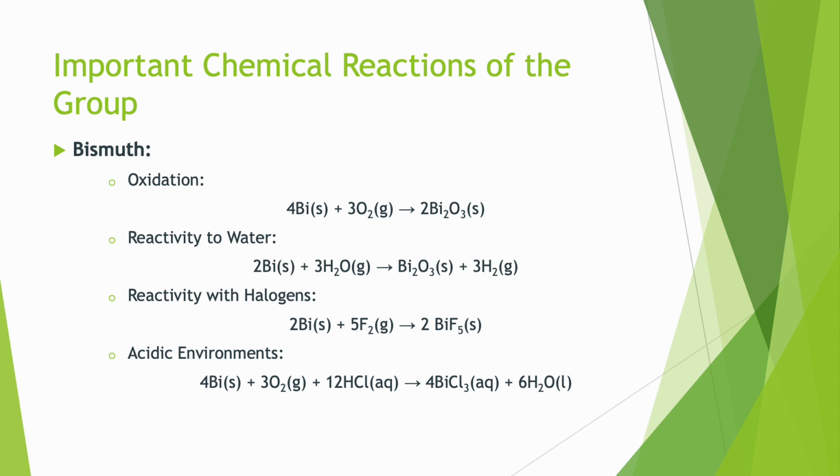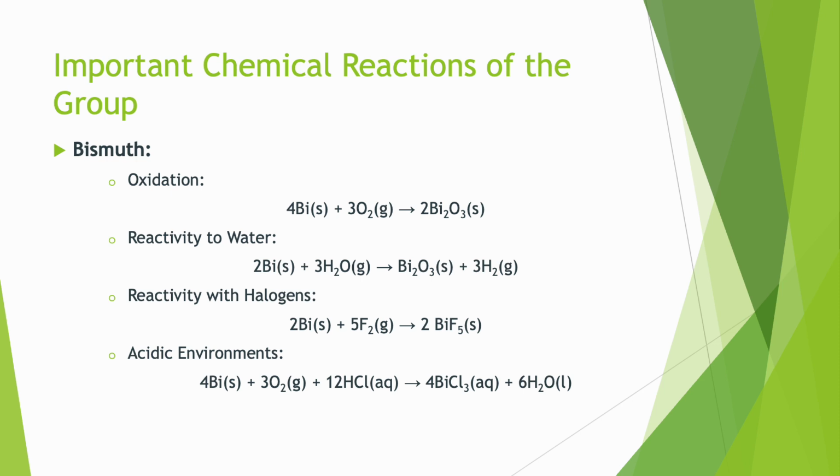For bismuth, when combined with air, it forms bismuth(III) oxide. The flame is bluish white. When reacted with water at red heat, bismuth also forms bismuth oxide.